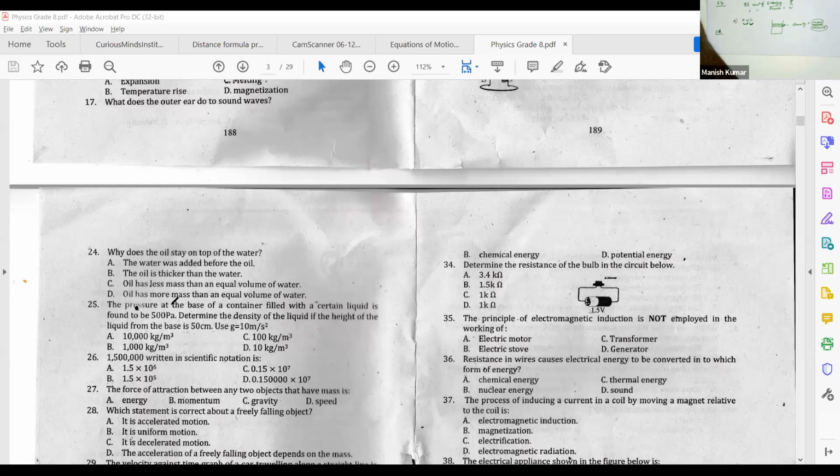The pressure at the base of a... so let's start the 25th question. Start 25th. Okay, time starts now. Come on, guys.